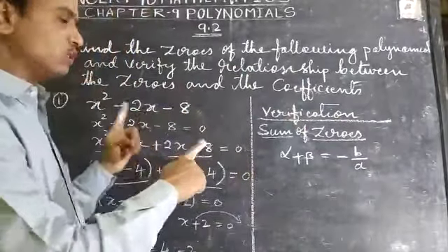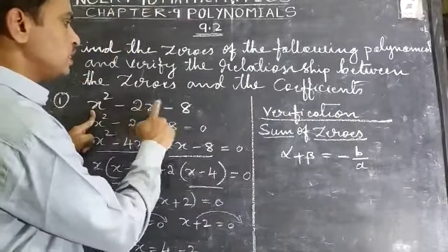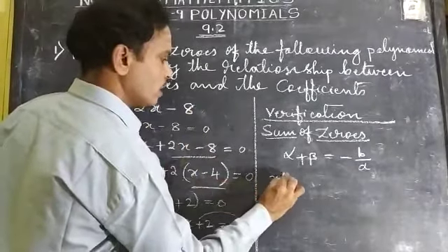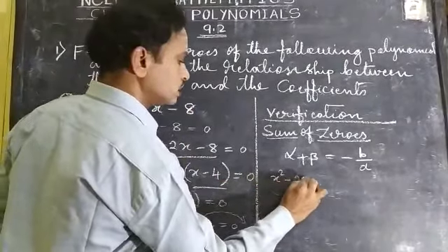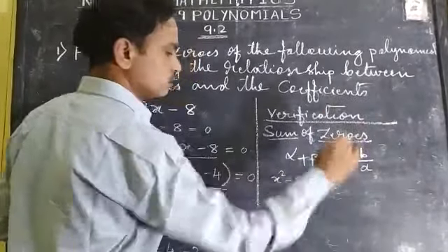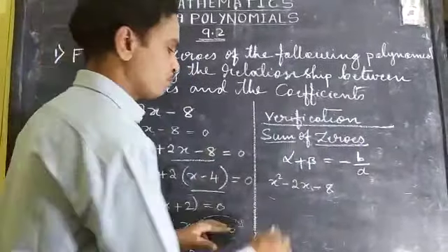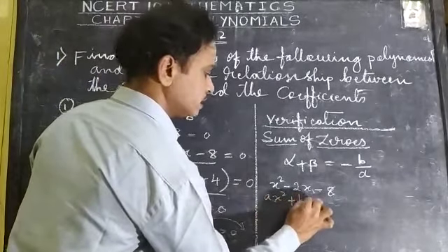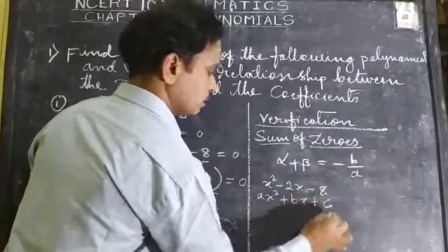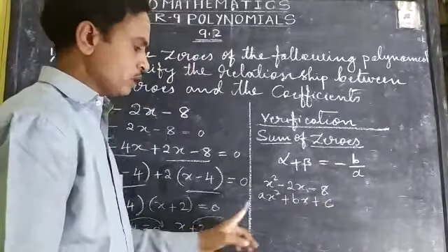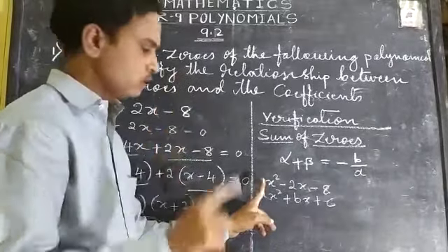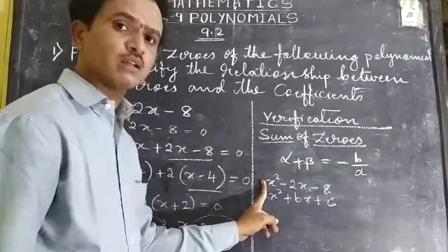Now the given question, you see x square minus 2x minus 8. This is in the form ax square plus bx plus c. Is it okay? Now here a is equal to 1. The coefficient of x square, what is here? No number.